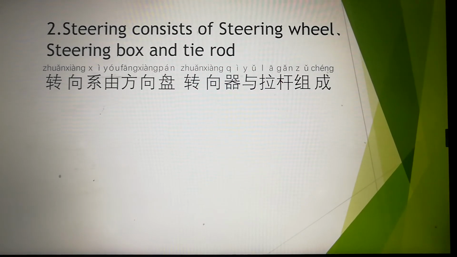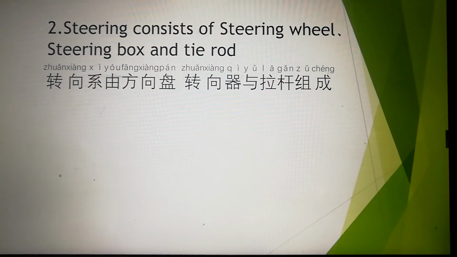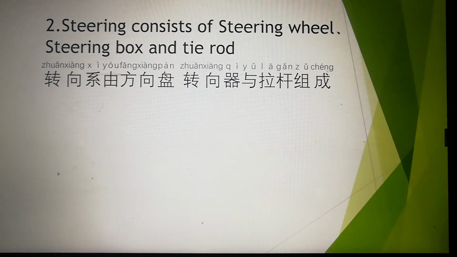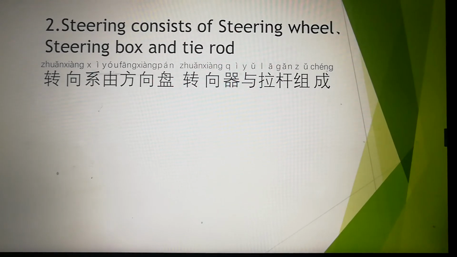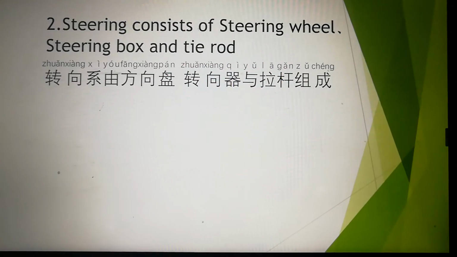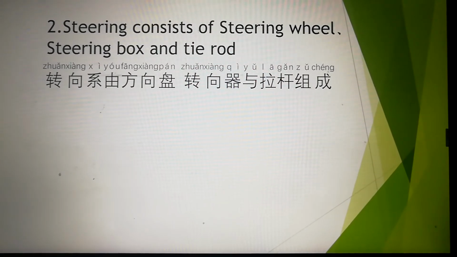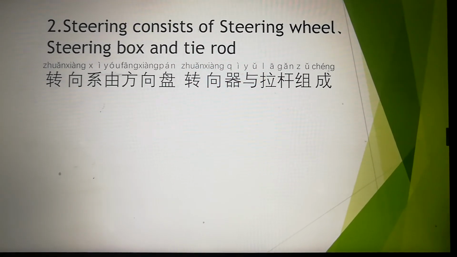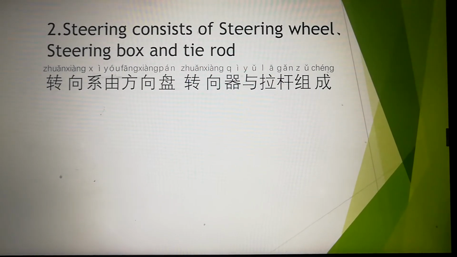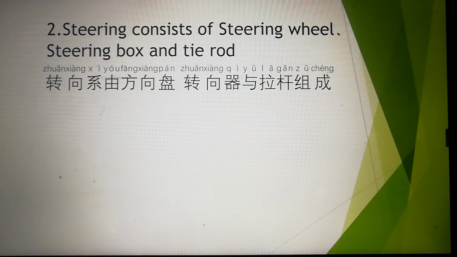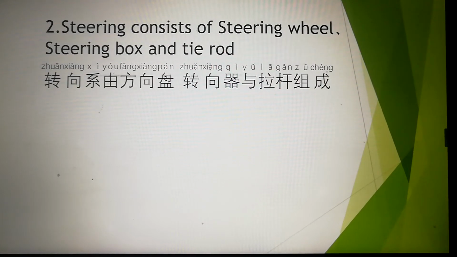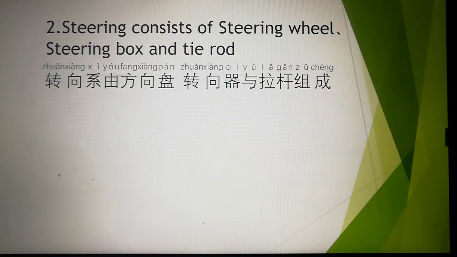Okay, let's analyze this sentence. We have known how to express steering wheel, steering box, and tire rod in Chinese. We also know how to express consists of in Chinese, because all these words we have learned in last lesson.